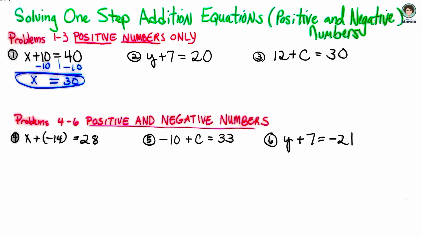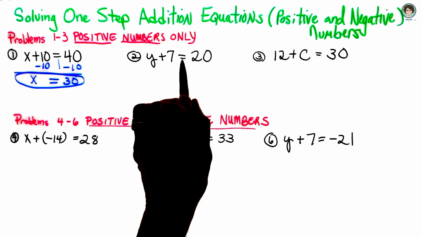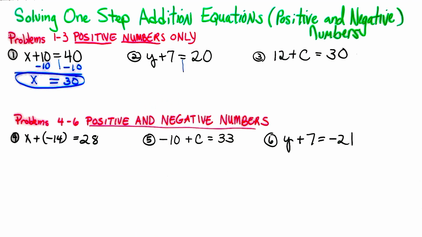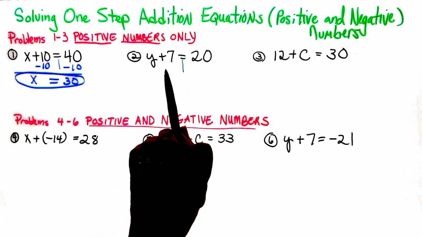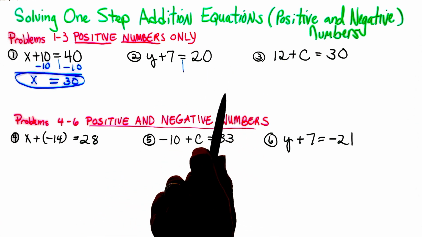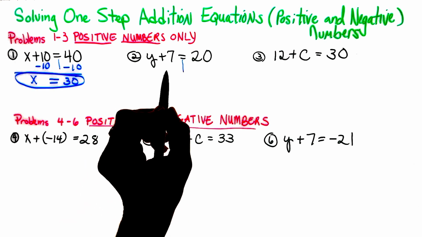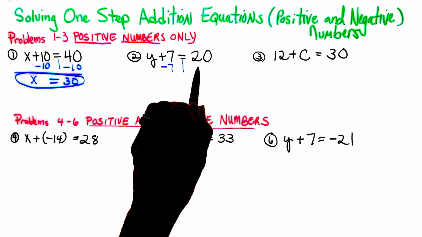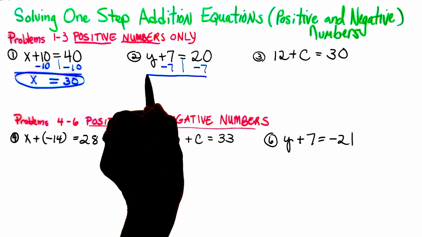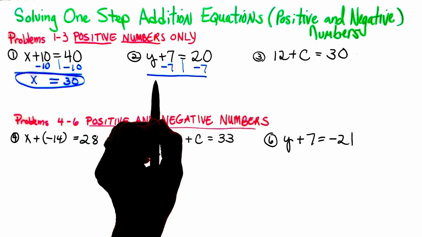Okay, let's look at number 2. So I have y plus 7 equals 20. Again, here is my line to say that this is one side of my equation, this is the other. Now remember, whatever we do to one side, we have to do to the other. So I am going to go ahead and subtract 7 from both sides. And when I do that, I draw the line so that I can see that now I'm ready to bring stuff down.